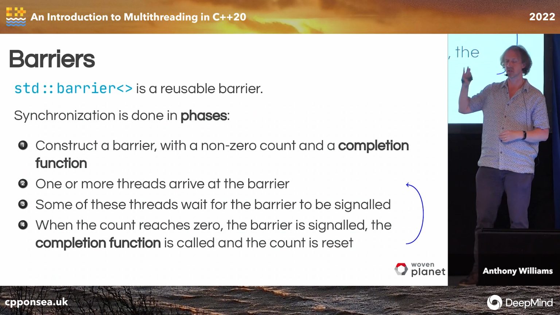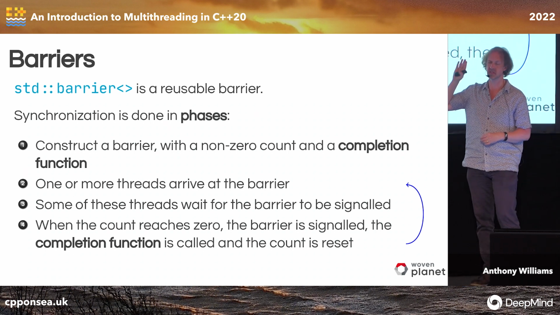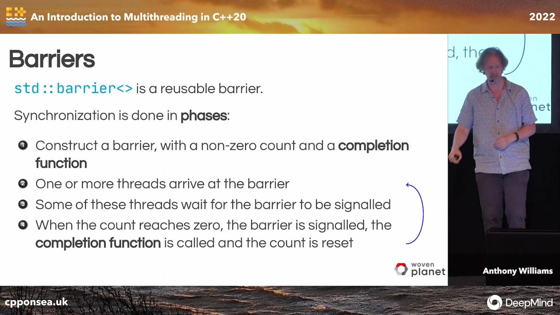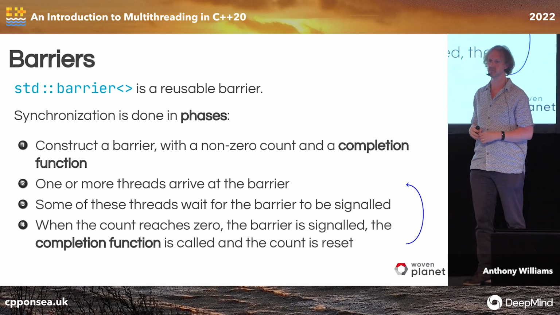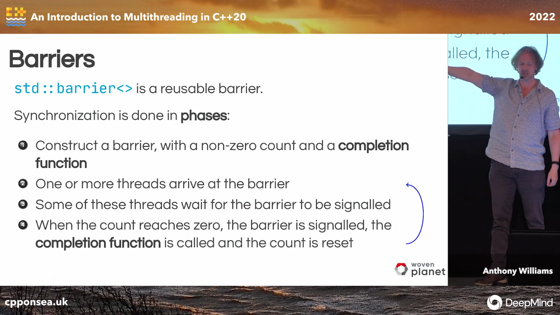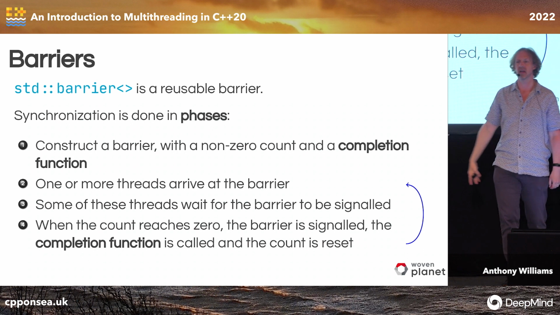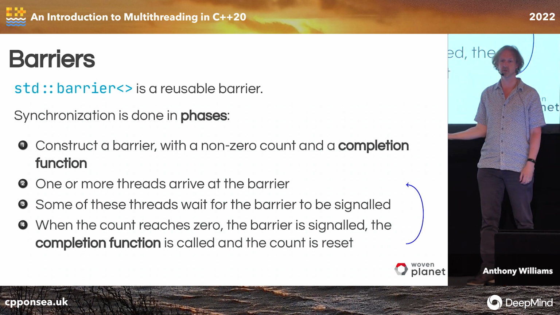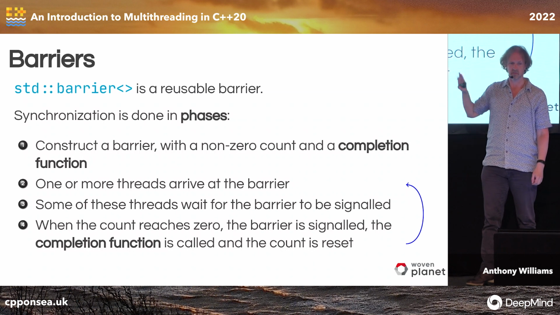Again, when we construct it, you don't need to specify the template parameters. There is a default template parameter. If you don't need the completion function feature, then you don't need to provide it. We construct a barrier with a non-zero count and possibly a completion function. If you don't need it, then just don't provide one.